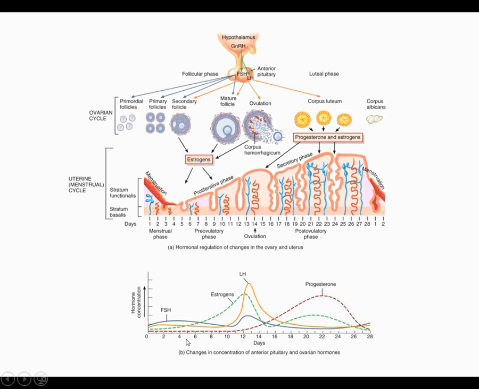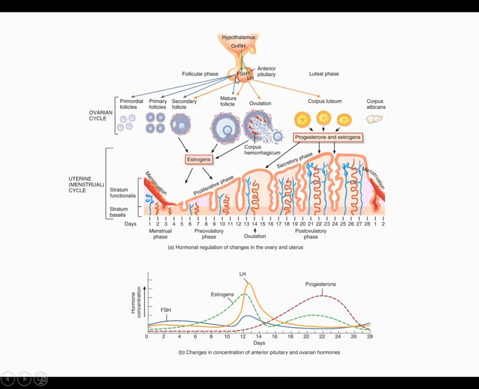Down here is a figure where I tried to match up the days to demonstrate changes in the hormones that are occurring. So we'll start with the first 4 or 5 days, what we call the menstrual phase, which is where the female's losing that stratum functionalis. Okay, and that's where the bleeding comes from.